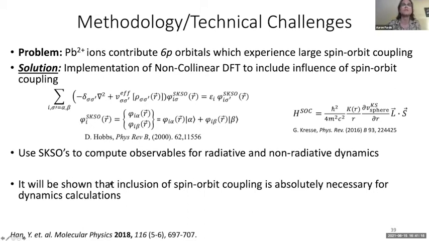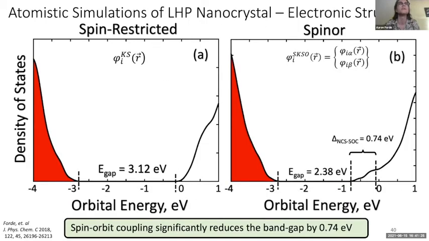And then I'll show that spin-orbit coupling is definitely needed for accurate description of the electronic properties.